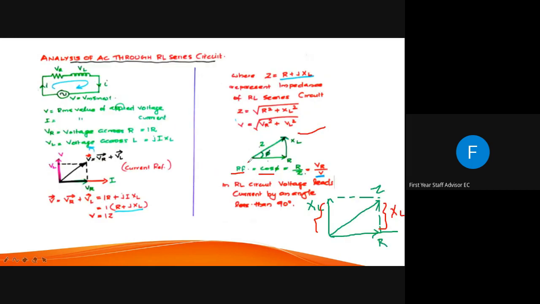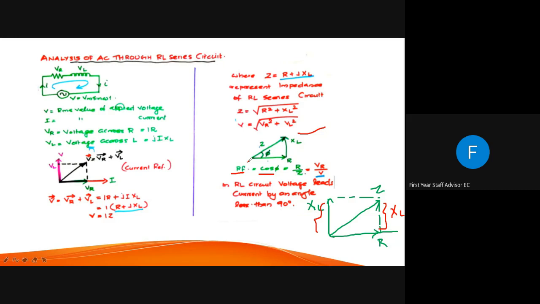In some exams, they may ask: prove that in an RL circuit, the voltage leads current by an angle less than 90 degrees. Then you draw the same derivation and say that because of the combined effect of resistance and inductance, it is less.